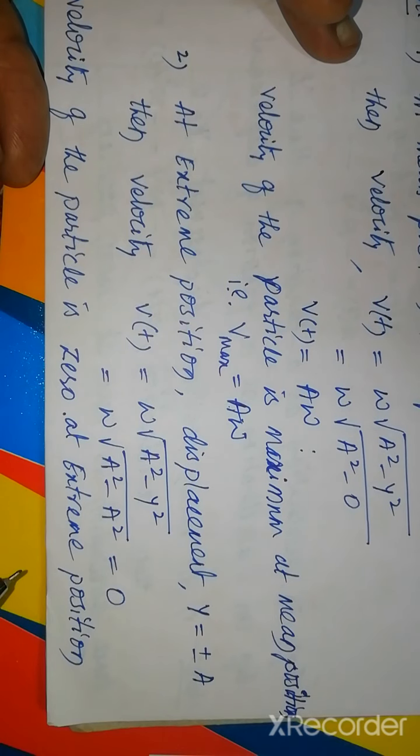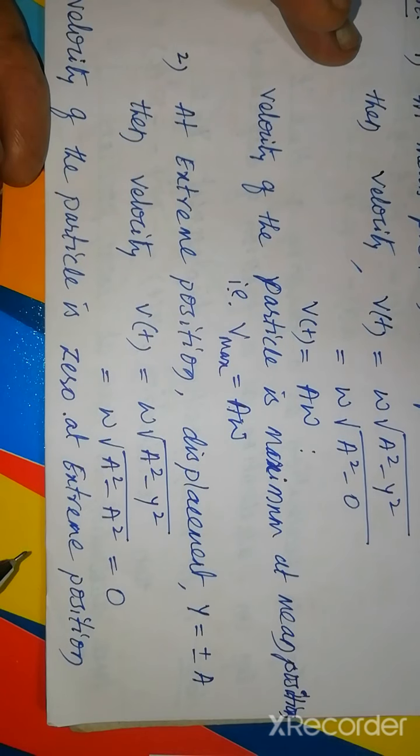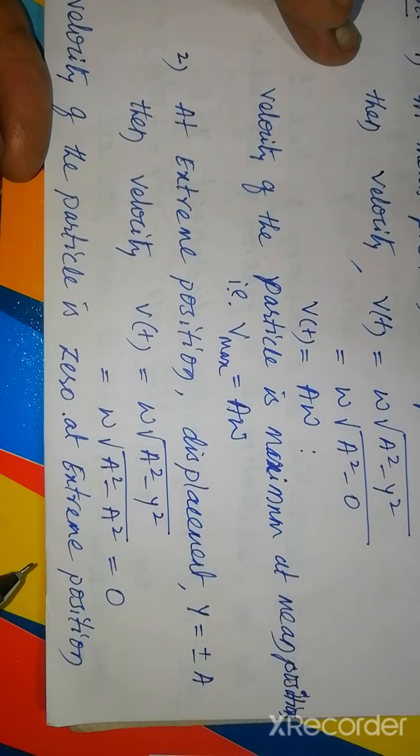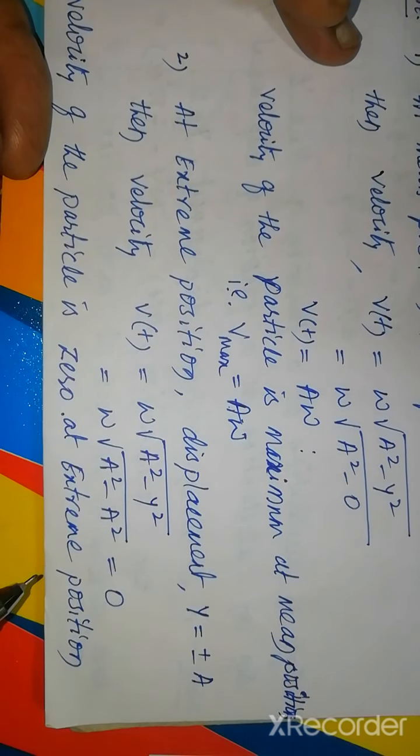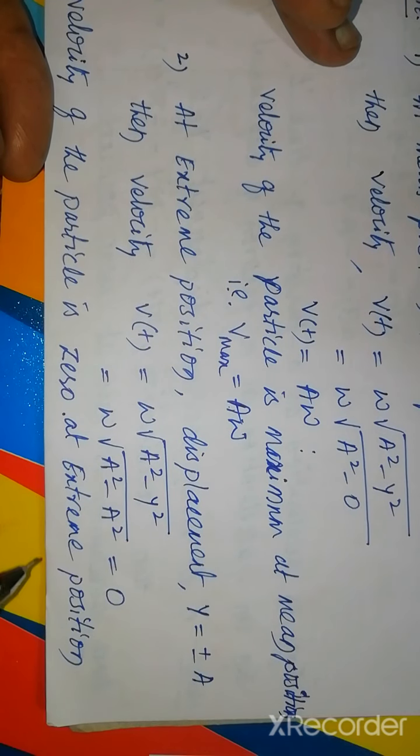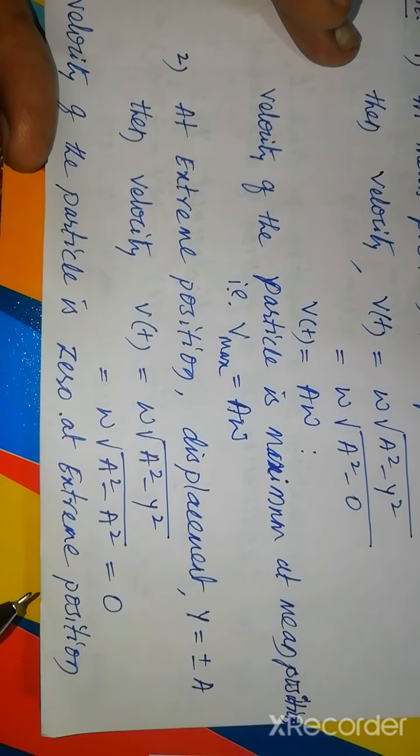In the seconds pendulum experiment, when the bob of the pendulum is at the mean position, velocity is maximum. When it reaches the extreme positions, the velocity of the bob becomes 0. Momentarily, the bob stops at the extreme positions and velocity is maximum at the mean position.